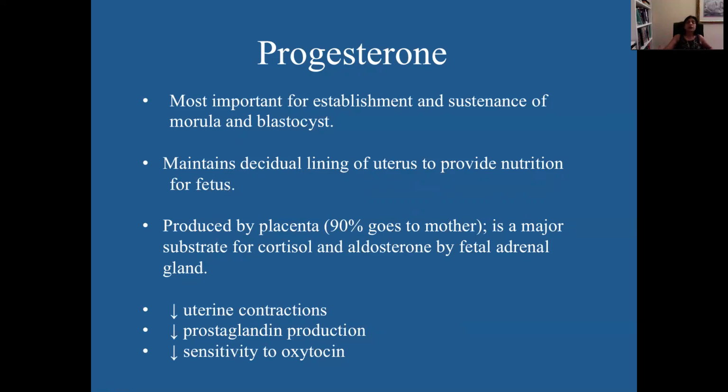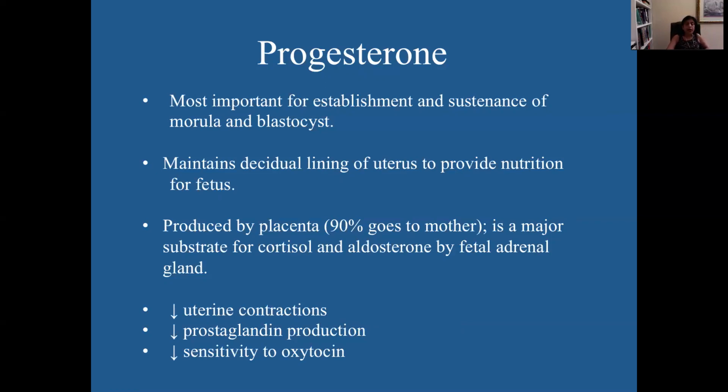Now let's move on to talk about where this hormone comes from. 90% is from the placenta. And it's a major substrate for cortisol and aldosterone made by the fetal adrenal gland.